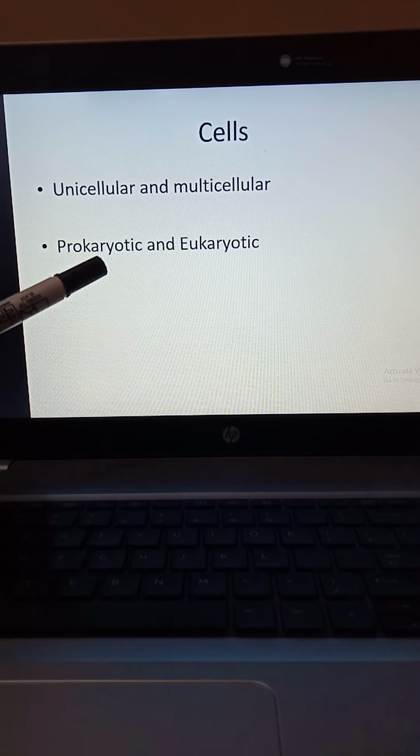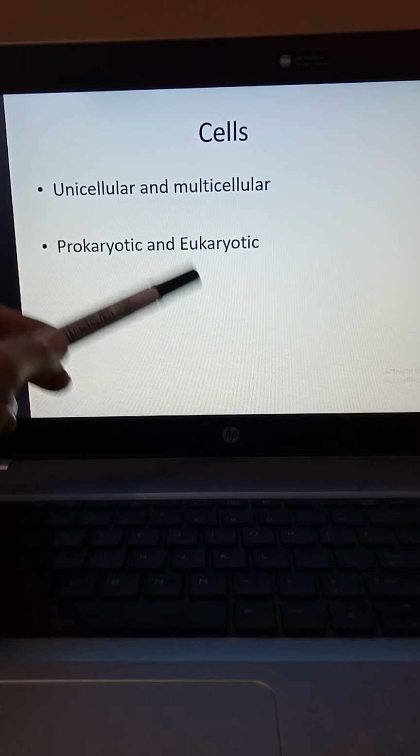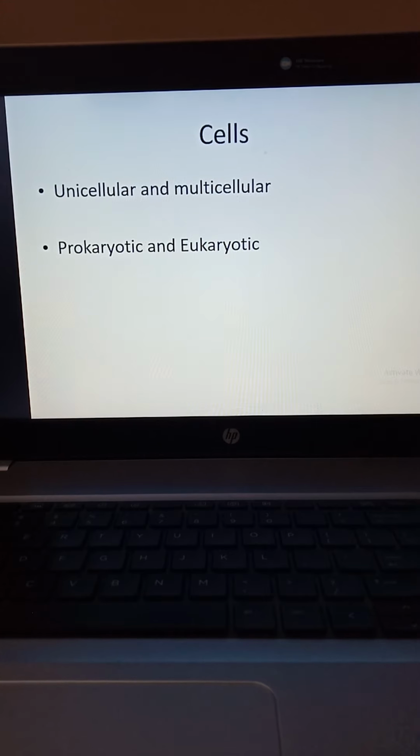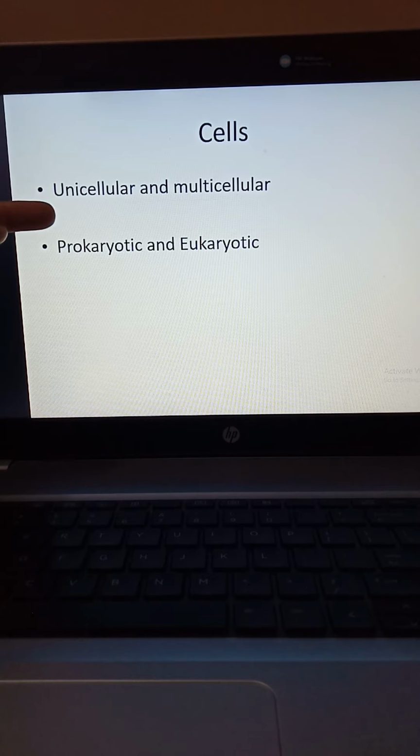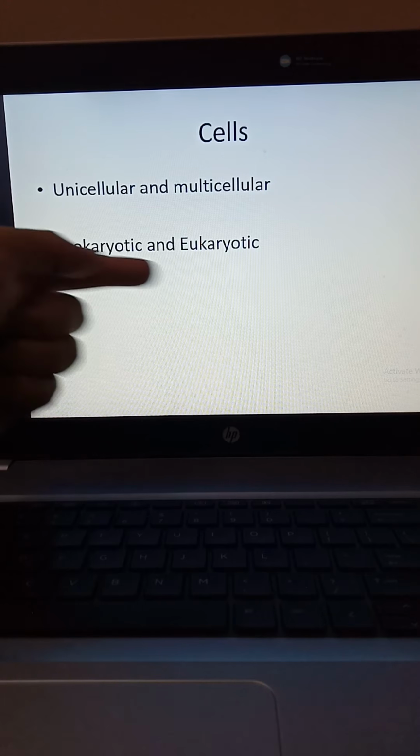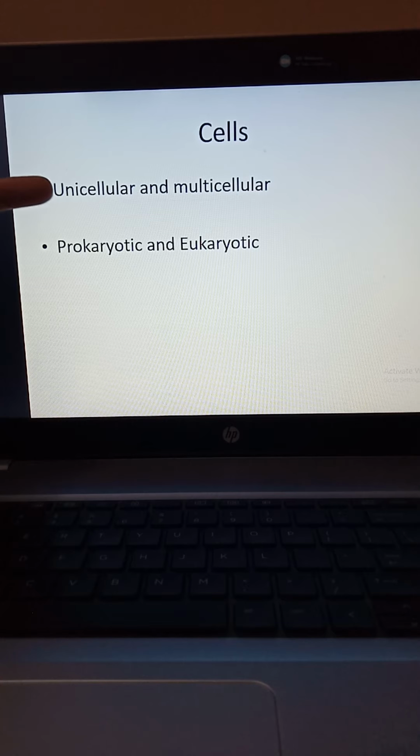Now I will define who are prokaryotes and who are eukaryotes. Please do not get confused between unicellular, multicellular, and this terminology, prokaryote, eukaryote, because being unicellular simply means it has one cell, and multicellular means it has many cells. But prokaryotic and eukaryotic are entirely different terminologies.